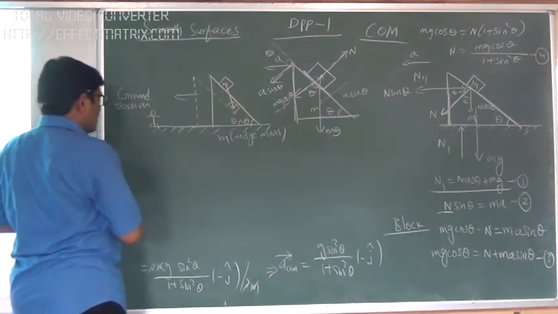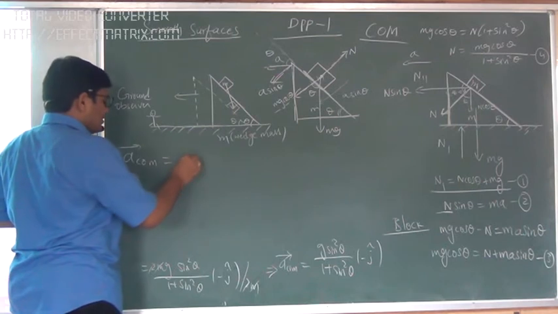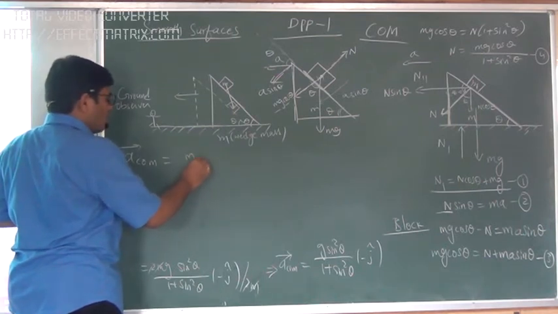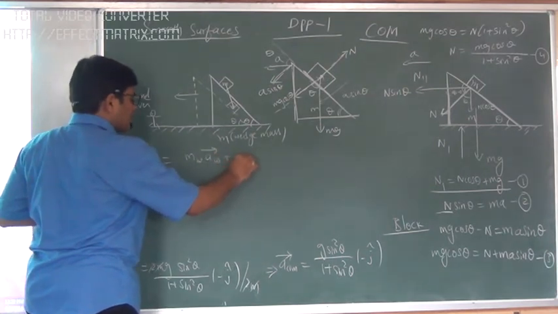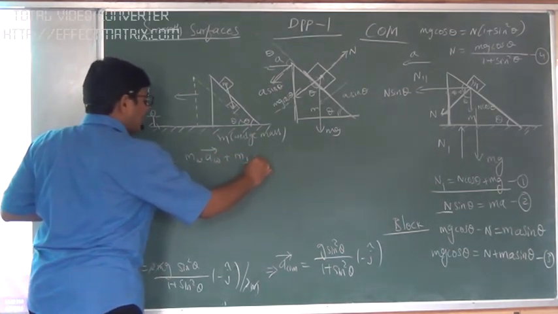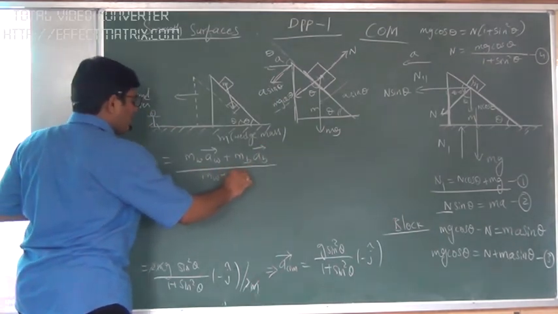Acceleration of center of mass is given by mass of wedge times acceleration of wedge plus mass of block times acceleration of block, upon mass of wedge plus mass of block.